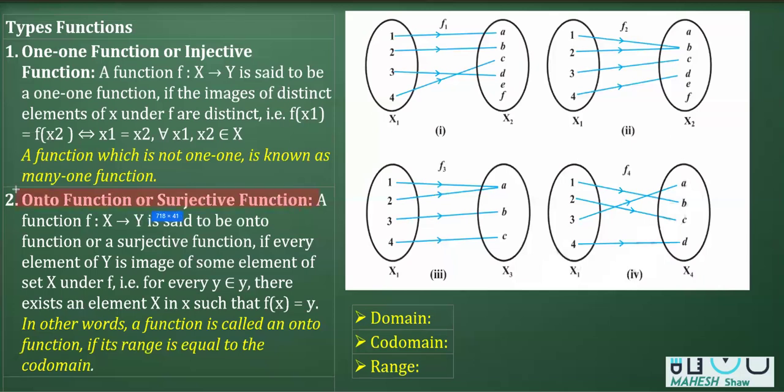It says a function from X to Y is said to be onto, also known as surjective, if every element of Y is the image of some element of set X. By that it means, in simple words, that if all the elements of the second set, which is X2 in this case, are the image of some element of the domain, then we say it's an onto function.